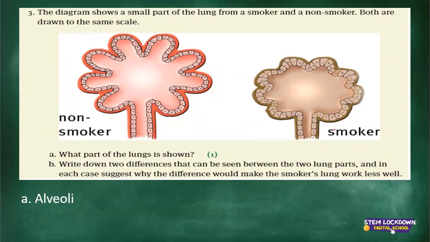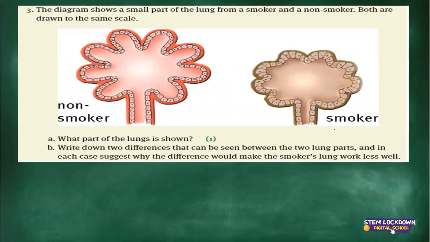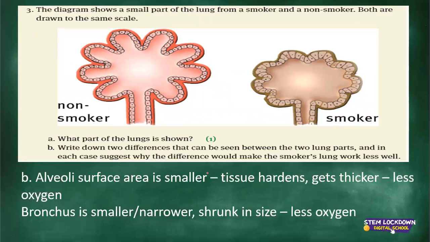What exactly is it about this part of the lung that would make it work less well? First of all, the surface area. The alveoli surface area for this one is smaller. Compare the 2. The non-smoker's lung has a larger surface area compared to the smoker's lung. Why? Because the tissue hardened. Tissue hardens, then it gets thicker. You see, unlike this one, it gets thicker.